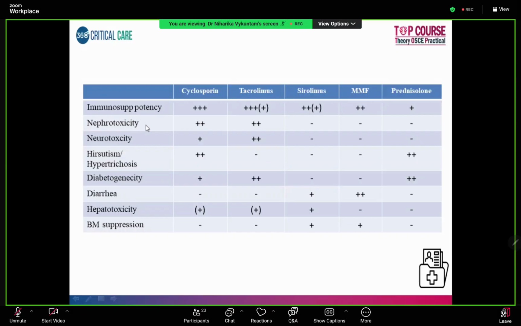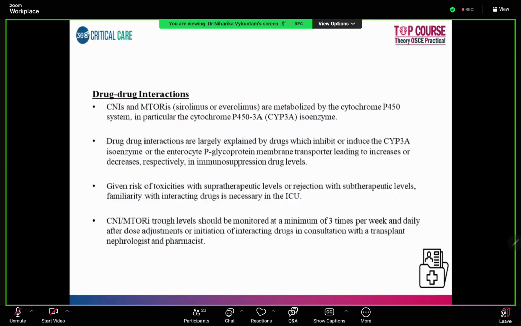Hirsutism or hypertrichosis is most common with cyclosporine. Post-immunosuppression diabetogenicity is more common with tacrolimus and steroids. Diarrhea is more common with MMF, and hepatotoxicity is more common with sirolimus. Bone marrow suppression is caused by sirolimus and mycophenolate. These are the common side effects and the immunosuppressive potency mentioned in this table.